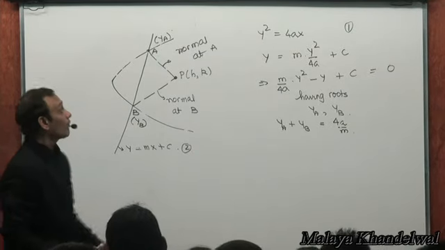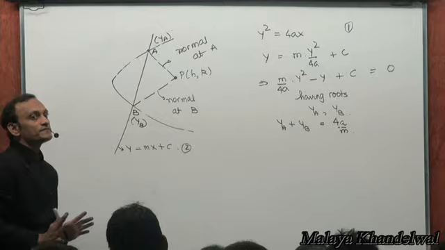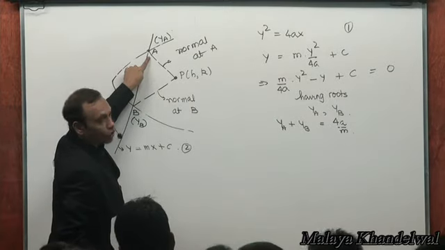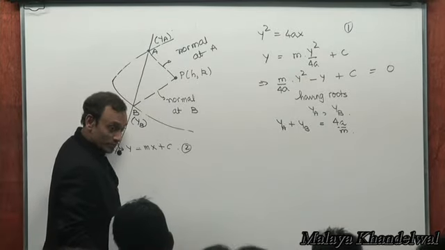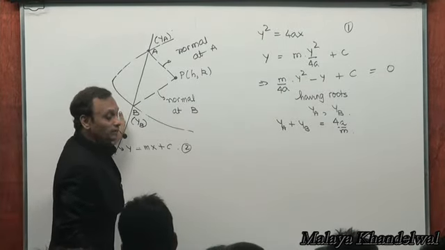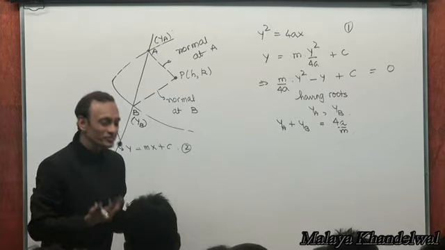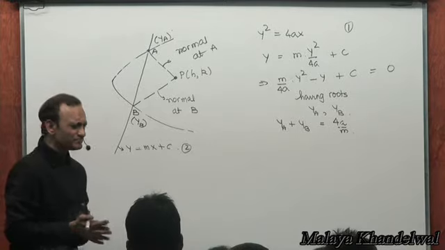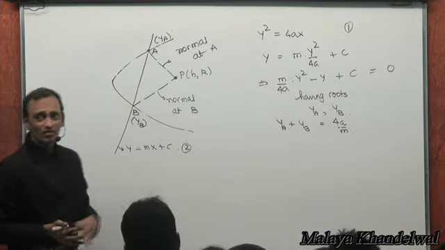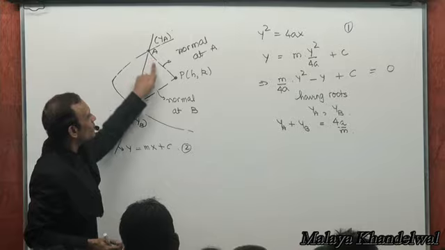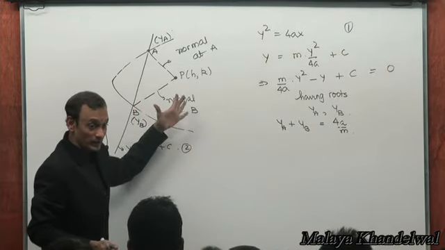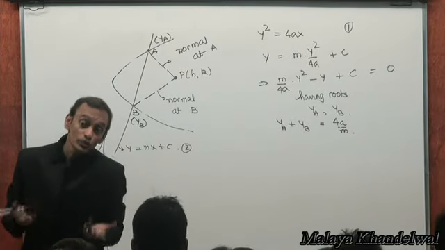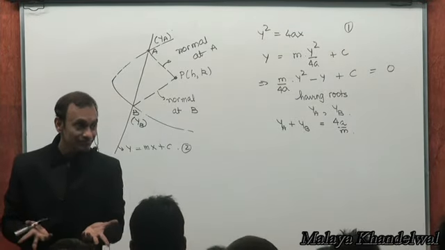Right now? Now, it's as if there is a point P, and from this point, you could have drawn a normal at A, and you could have drawn a normal at B. And of course not. Why should the two normals be perpendicular? So a normal at A and a normal at B from a point P, right? Now from this point, a normal could be drawn to a third point C. Yes or no?